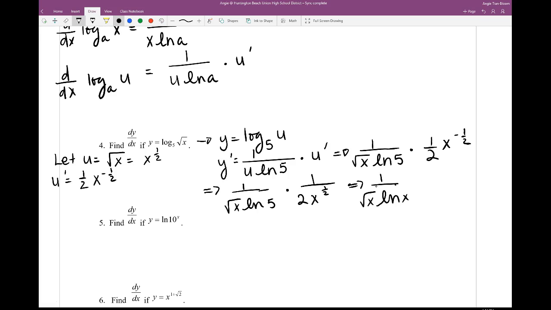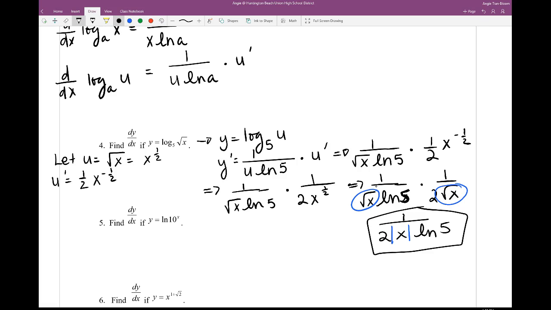So square root of x times ln of 5, times 1 over 2 square root of x. But as you can see, you can totally simplify square root of x times square root of x. So it's 1 over 2 times square root of x times square root of x. It's x. That is true. But because the original value here cannot be negative, I'm going to put absolute value around it, and then times ln of 5. And that is your final answer.